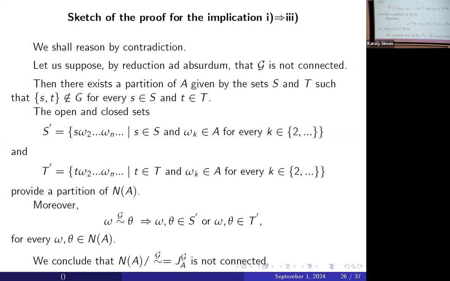So in S prime, we have all the words starting with something from S. In T prime, all the words starting with something from T. And also we can see that omega is equivalent with theta if and only if both of them are in S prime or both of them are in T prime. And this will give us the contradiction that the graph Lipscomb space is not connected.